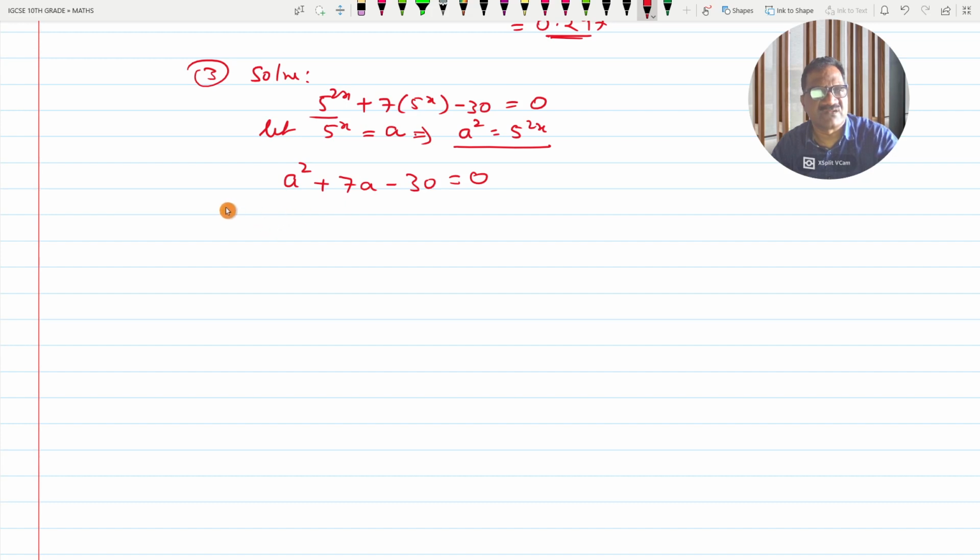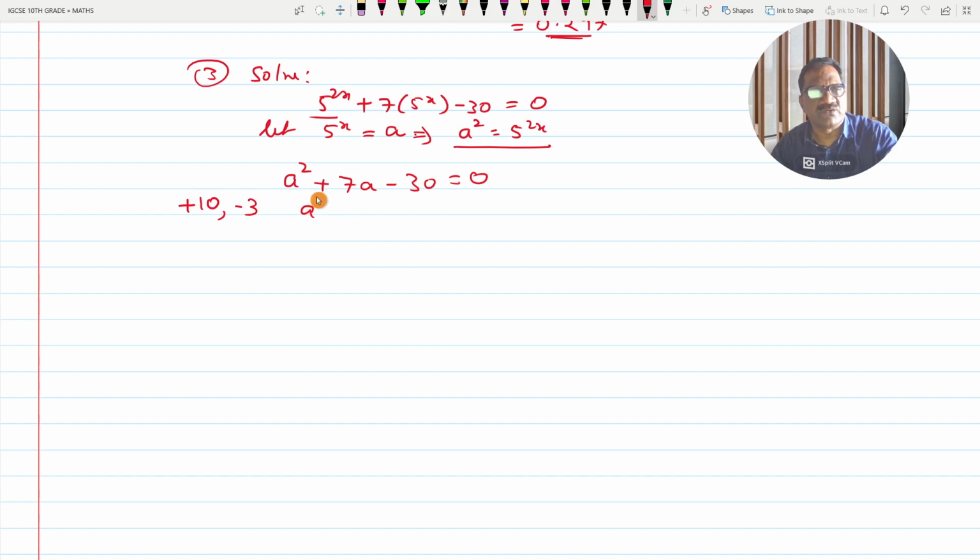So the numbers will be 10 and 3. 10 threes are 30 and 10 minus 3 is 7. We want the product to be negative and the sum to be positive, so plus and minus. These are the two numbers, right?